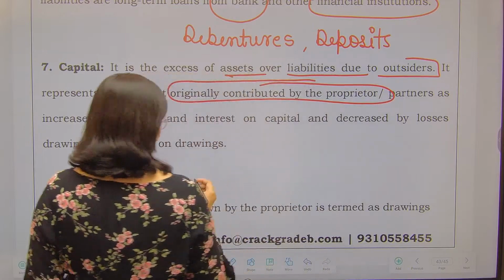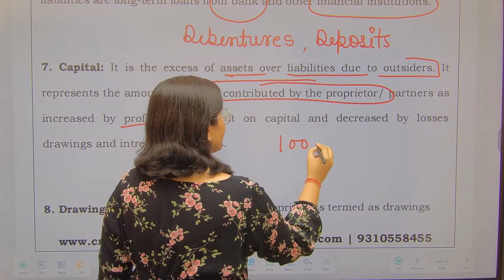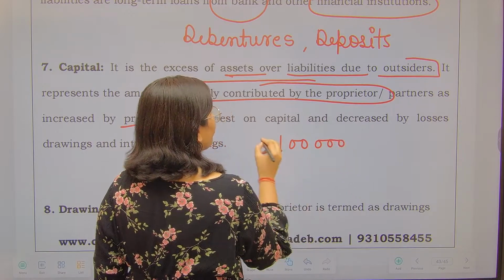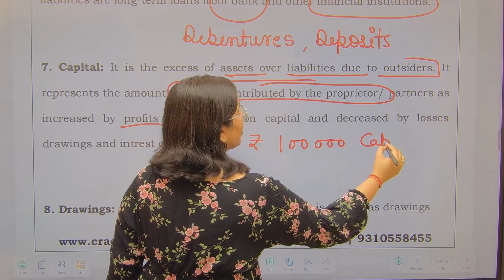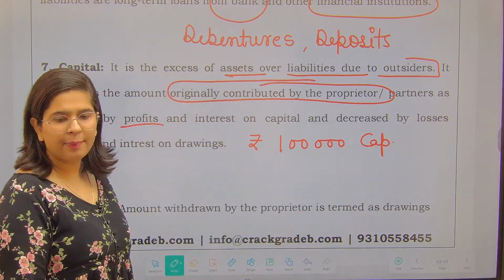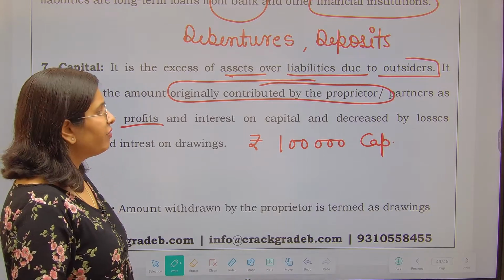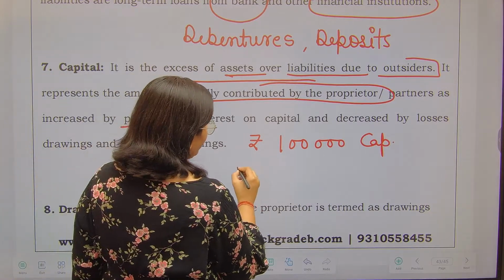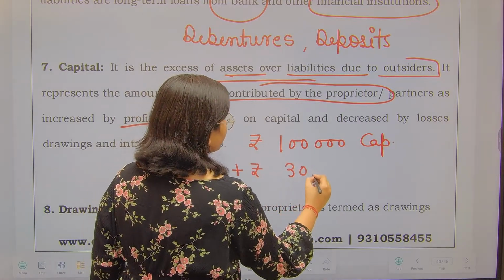Suppose I am an owner of a business. I started the business by contributing 1 lakh rupees in capital. ठीक है? With this amount, I purchased some assets. Okay? After that, in the whole year, I have earned 30,000 rupees profit.